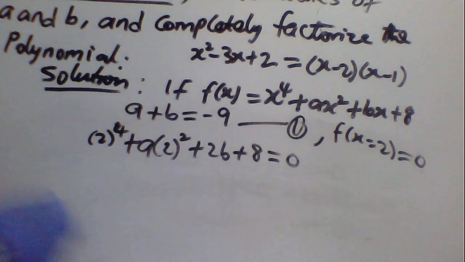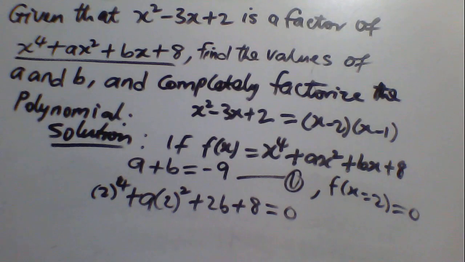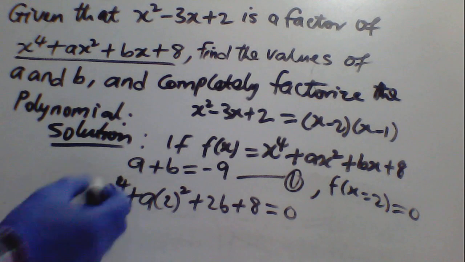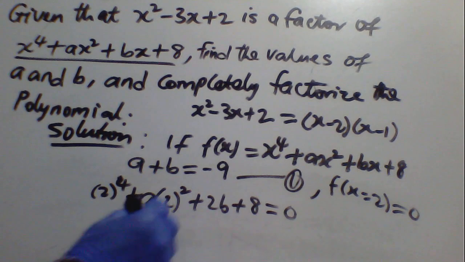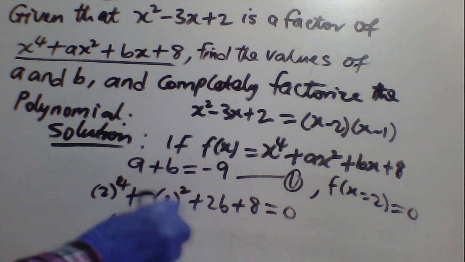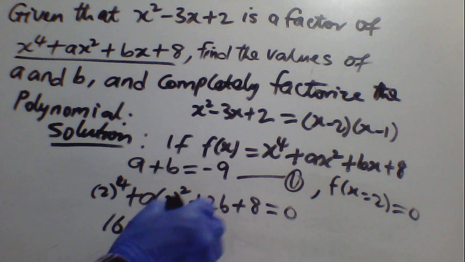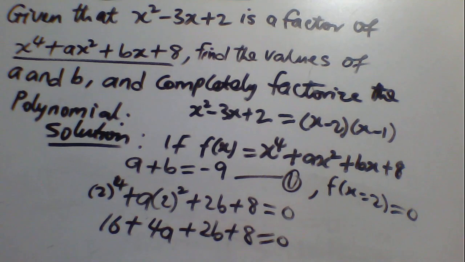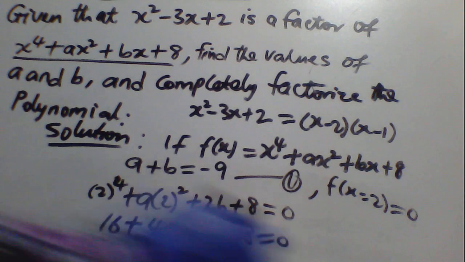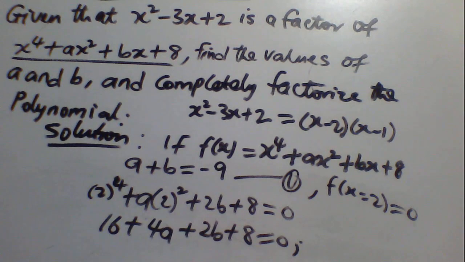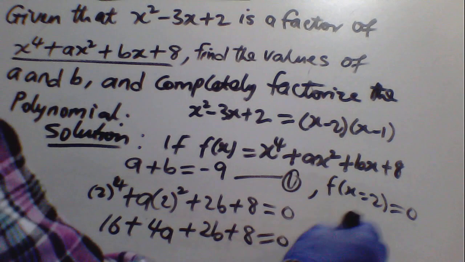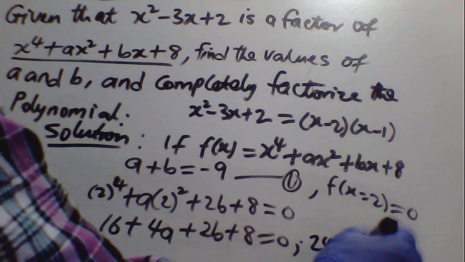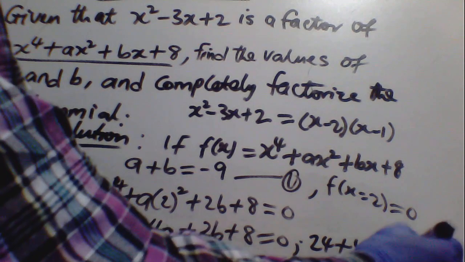The next thing you have to do is to simplify. 2 raised to power 4 is 16, plus 2 raised to power 2 is 4, so that gives us 4a plus 2b plus 8 is equal to 0. 16 plus 8 will give us 24. So 24 plus 4a plus 2b is equal to 0.